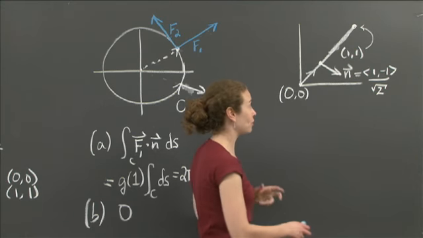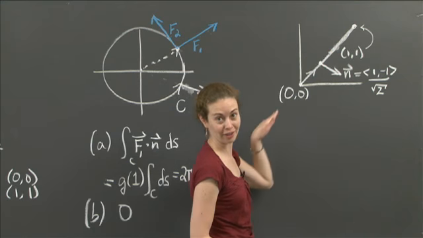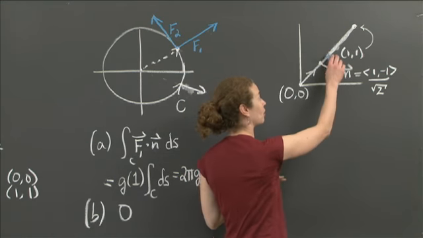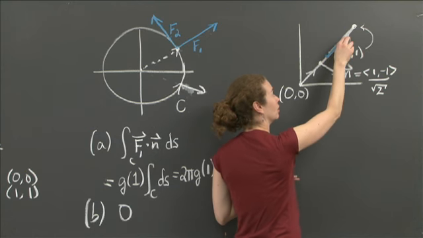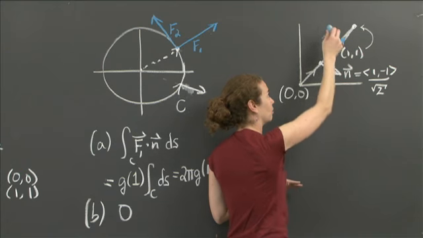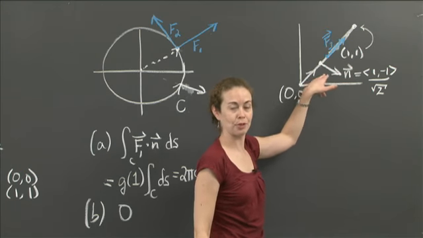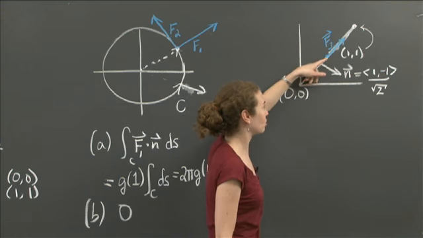Which means that F sub 3, I don't want to draw the whole thing because it's longer than the curve itself, at any given point points in this direction. So this is F sub 3, but not as long as it actually is. Only the direction is going to matter in this case.